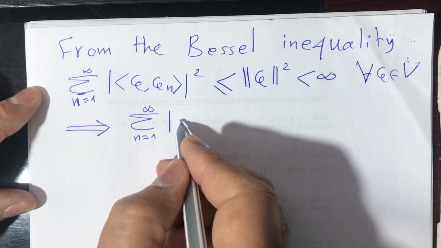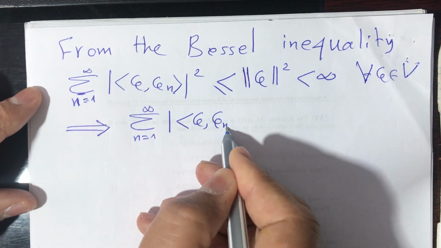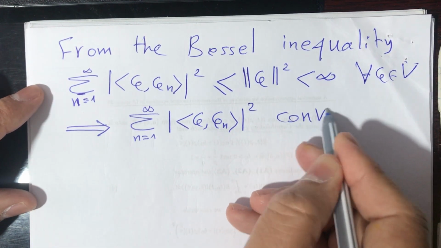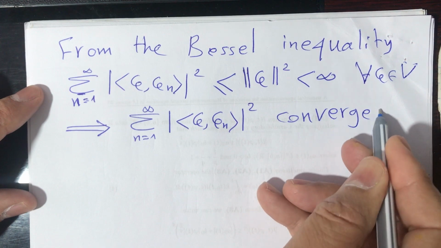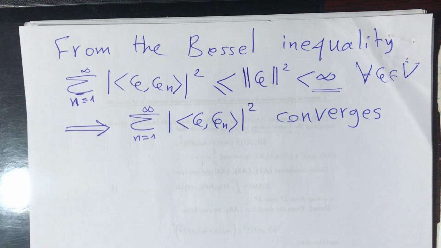This implies, from the Bessel inequality, that the series summation n from 1 to infinity converges, because this is less than infinity.